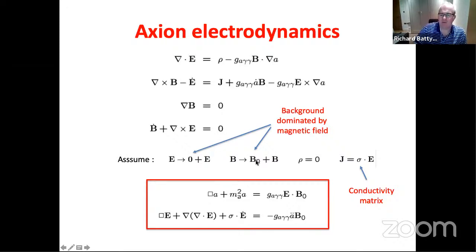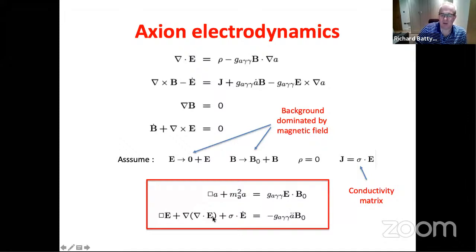If we expand around a magnetic field dominated background, so zero electric field and a B0, zero rho, and a background which has a conductivity given by sigma, then these equations can be written like this. So you get an equation for the axion. It's a D'Alembertian with a mass, a Klein-Gordon type equation, interacting with the electric field and B0.